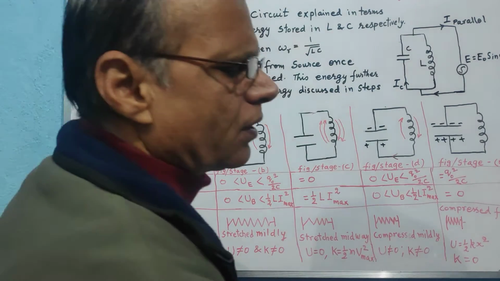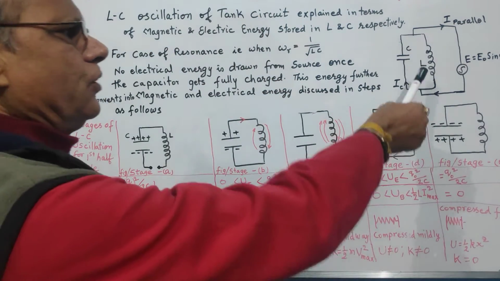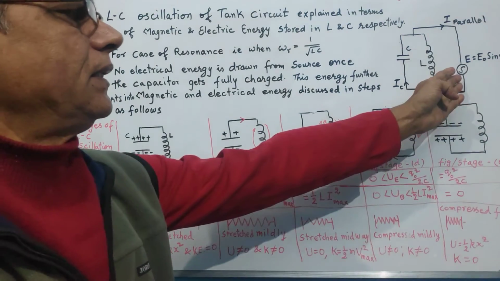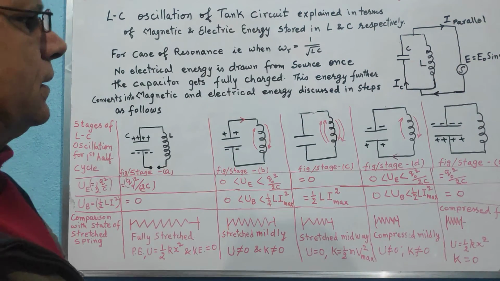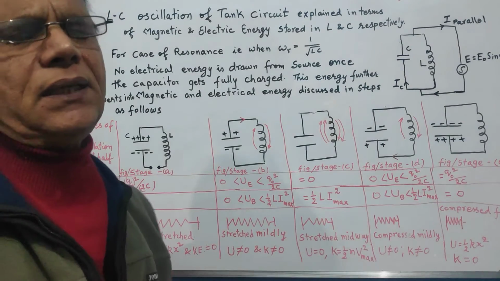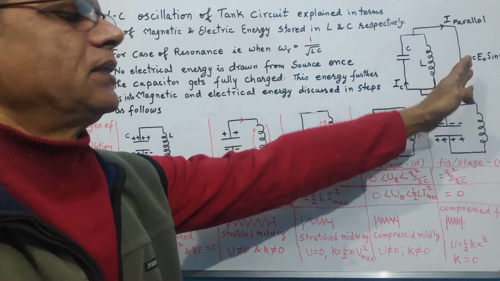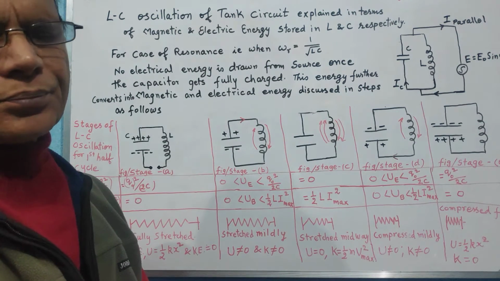You see, we have an LC tank circuit over here and we are applying some alternating EMF across this tank circuit. Initially the capacitor gets charged, taking the energy from the outside source.